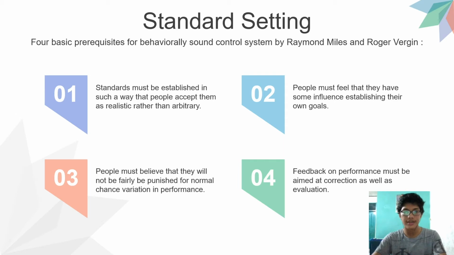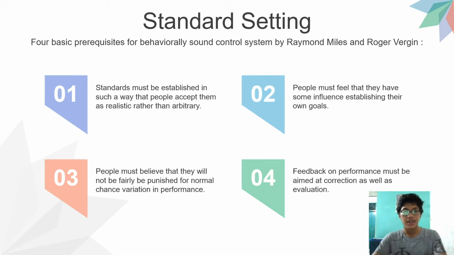These basics pertain directly to standard setting. So the first one is the standard must be established in such a way that people accept them as realistic rather than arbitrary. The second one, people must feel that they have some influence in establishing their own goals.